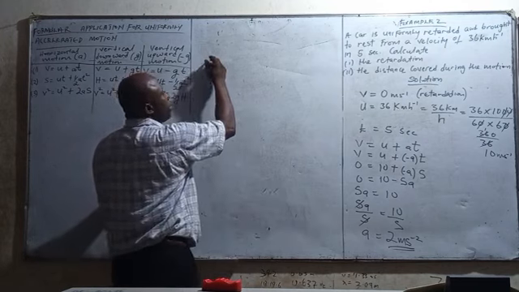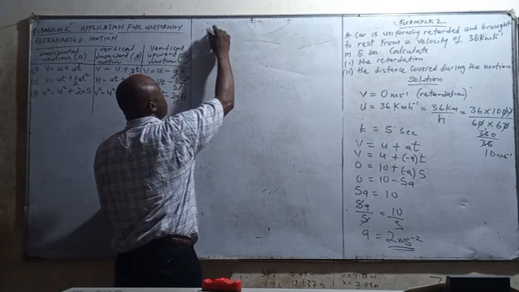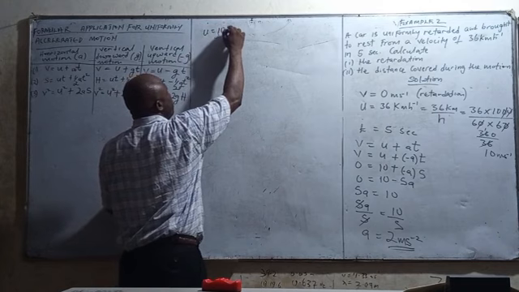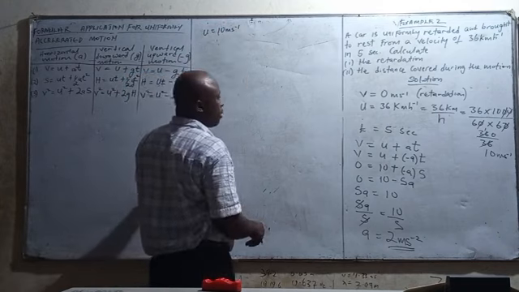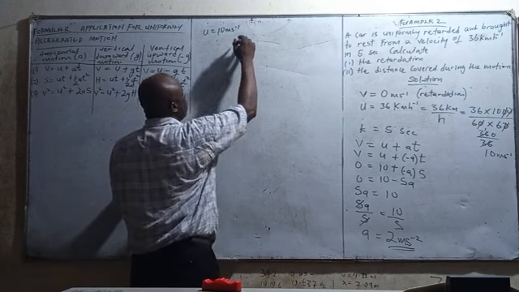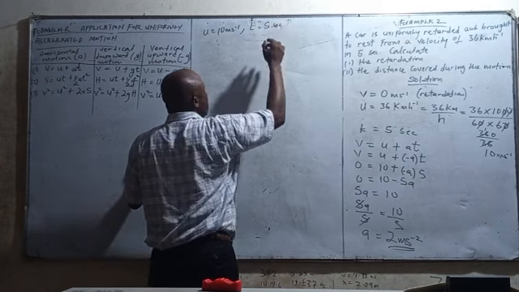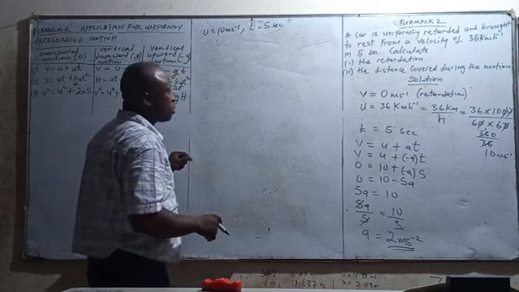We can write it down. Here we have u equals 10 meter per second from what we have solved for, and t is 5 seconds.